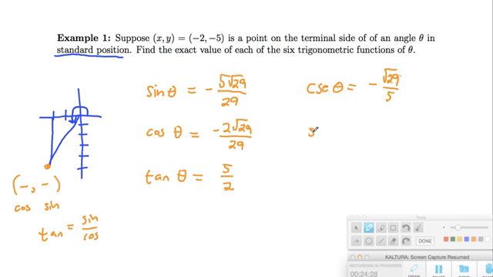And secant is just 1 over cosine, so it's still going to be negative. And lastly, tangent. Remember, our tangent is positive, so if you do 1 over that, it's still going to be positive. So these are actually not for the reference angle, but the actual original angle in standard position. It's going to have these particular trigonometric values.